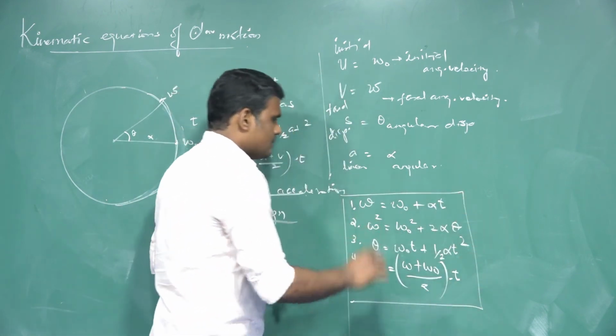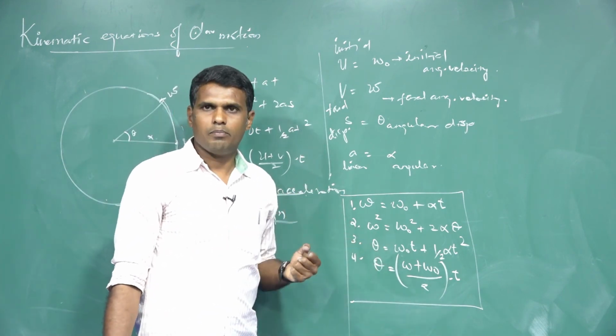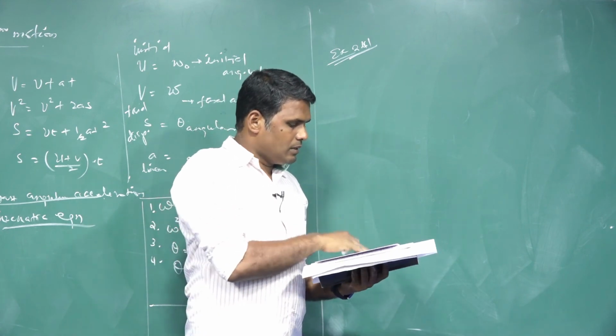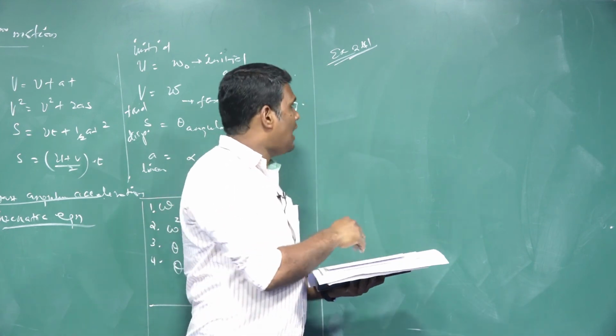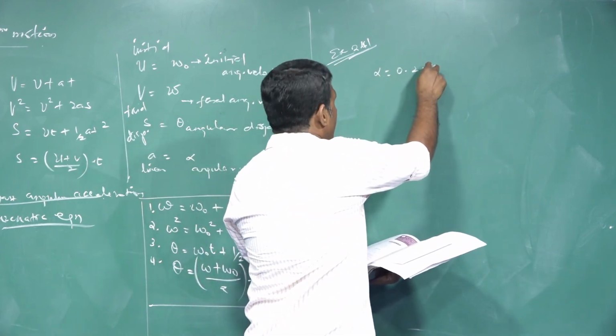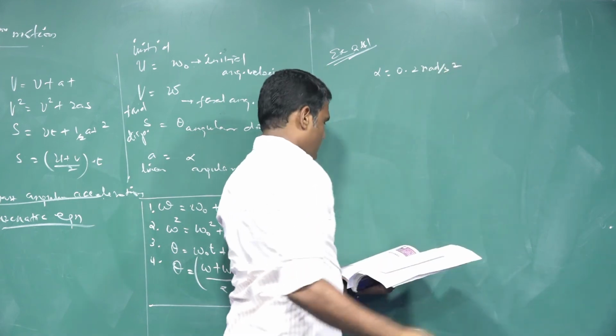So these are the equations. Based on these equations, we shall work out a problem. A particle is in circular motion with an angular acceleration alpha equals 0.2 radian per second square.